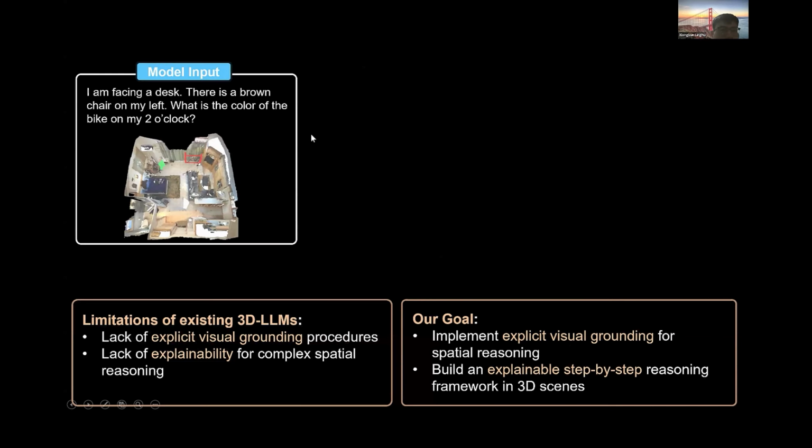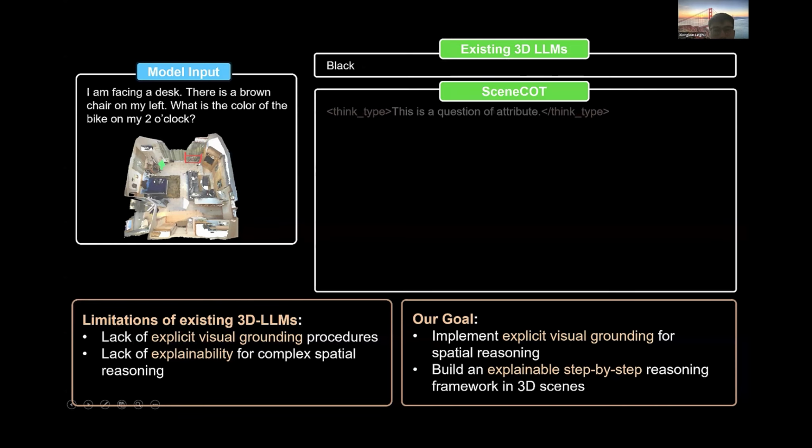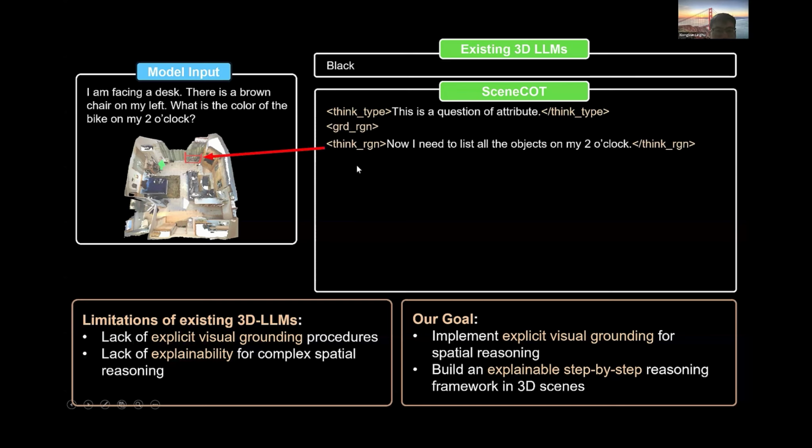For example, given a 3D scene and a situated question, existing 3D LLMs directly output the answer. However, in our framework, we first recognize the question type. For example, this is a question about attributes. Then we filter out the objects in the sub-region. For example, the model needs to list the objects at its 2 o'clock.